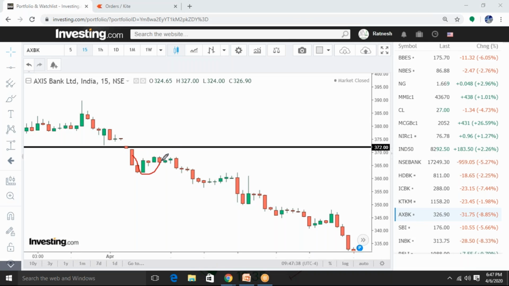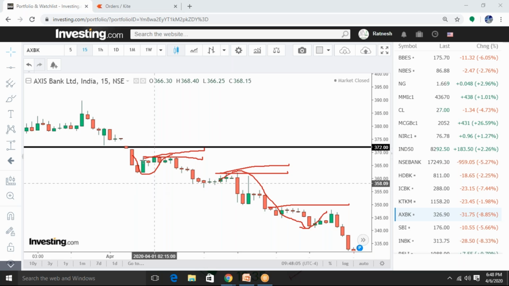When price comes to this level, I will modify my stop loss at this level. Suppose next it comes to this level, I will modify my stop loss here. Similarly, when price comes to this level, I will modify the stop loss to this level. Similarly, in intraday, I can modify my stop loss from time to time. Loss may not occur, but this is the confirmation of how we can take our trades.